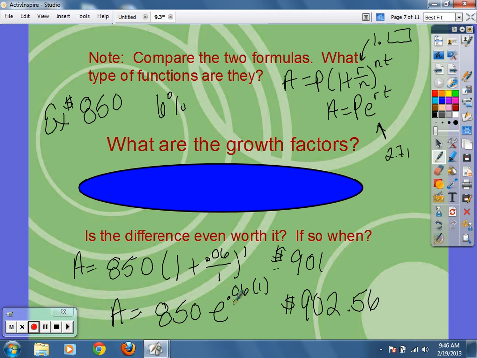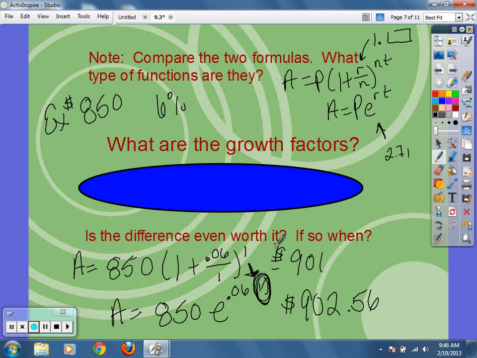Basically, with these two numbers, as long as the time is not massive, like going over 20 or 30 years, then the continuous is going to cost the bank a little bit more money. But if you're looking at a short investment time, the difference isn't that substantial.